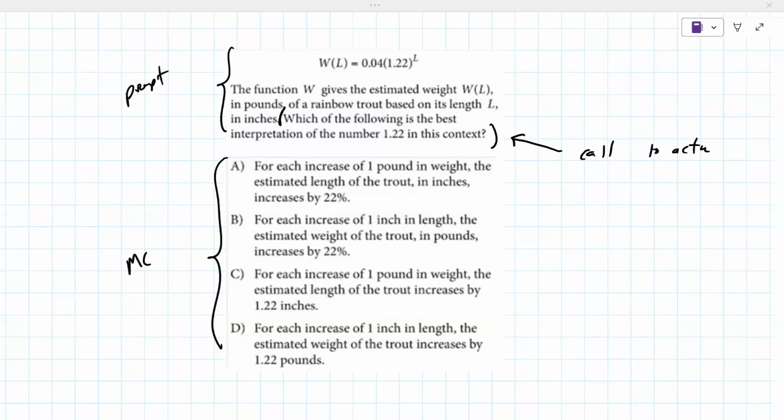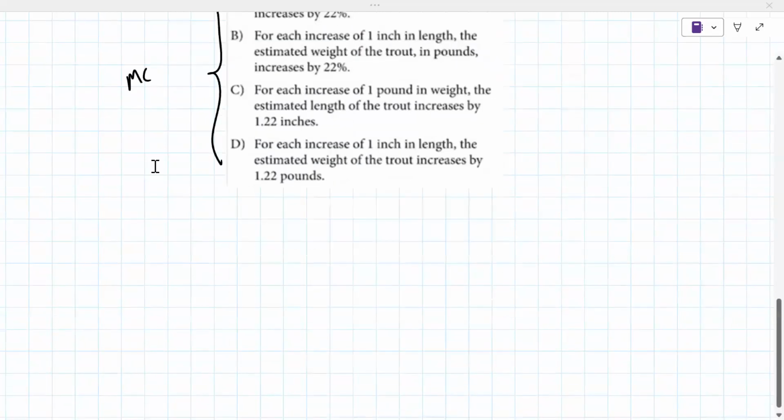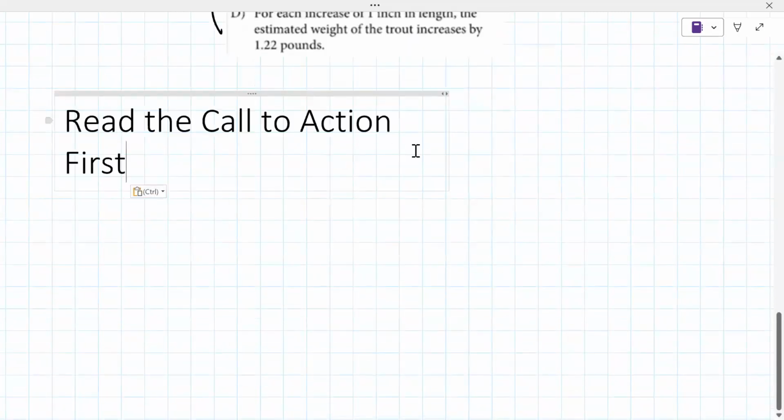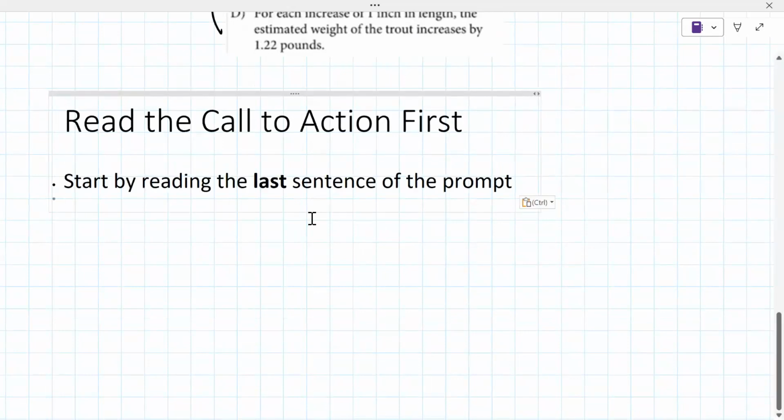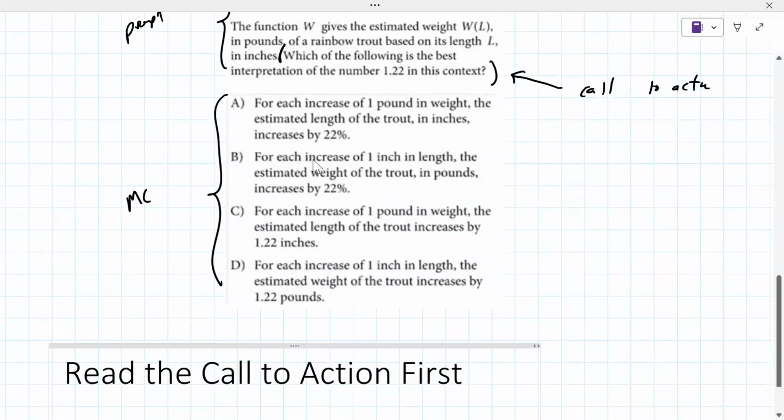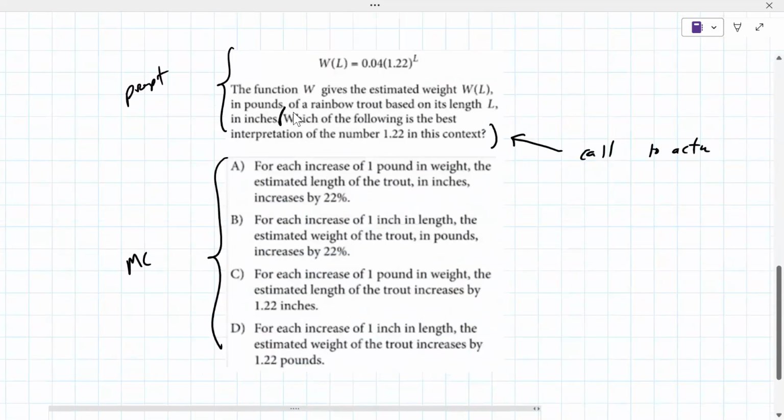So the very first test taking strategy that we're going to learn together here is to read the call to action first. Okay, and what does that actually mean? Well, you start by reading the last sentence of the prompt. So you want to train yourself to read the question first.